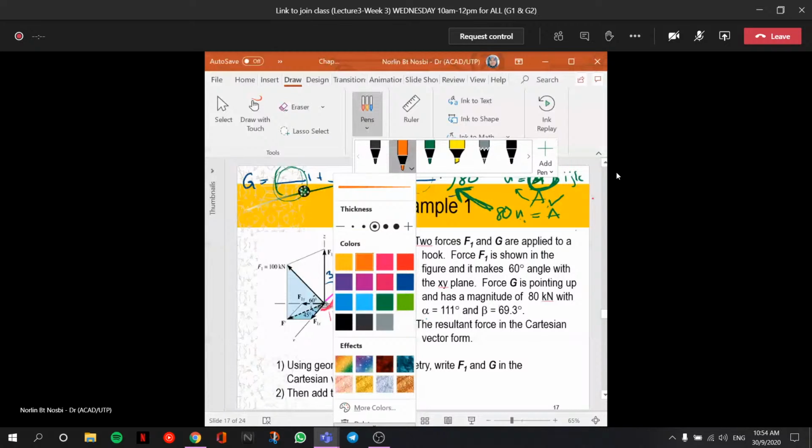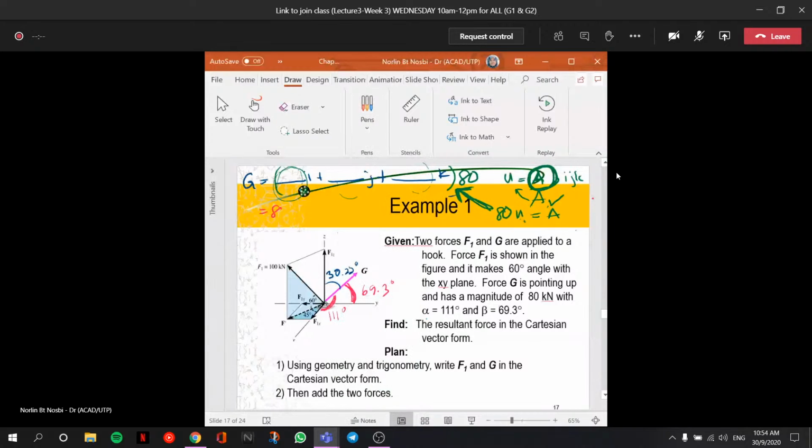So it would be equal to 80 times cos alpha. Cos alpha is 111 I plus cos beta, cos beta is 69.3, plus cos gamma, cos 30.22 K. Then don't forget the unit, kilonewton.